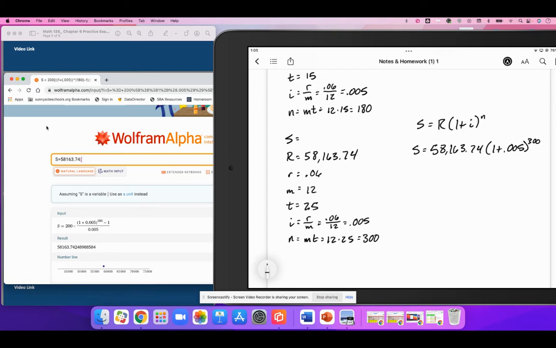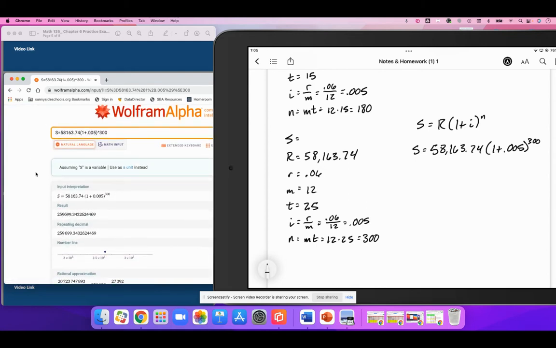And yep, it does explode. So $259,699.34. So you can see over that 25 years of just sitting there that 58,000 grew like crazy to 259,000. That's pretty awesome. Remember that time is fertilizer for money.